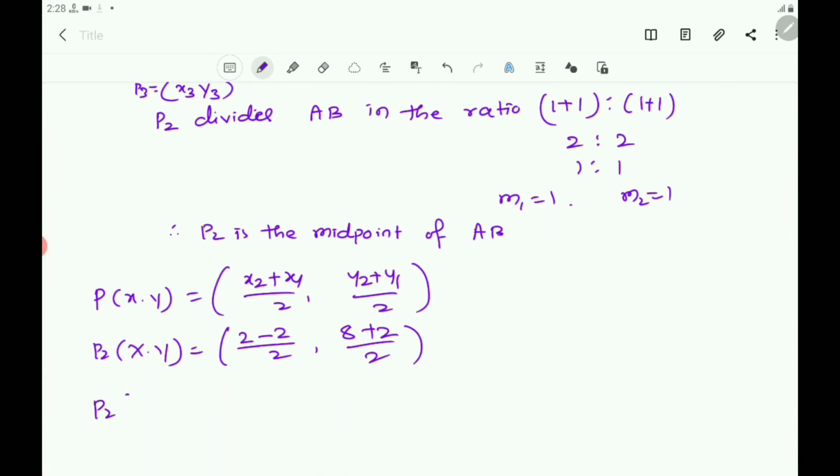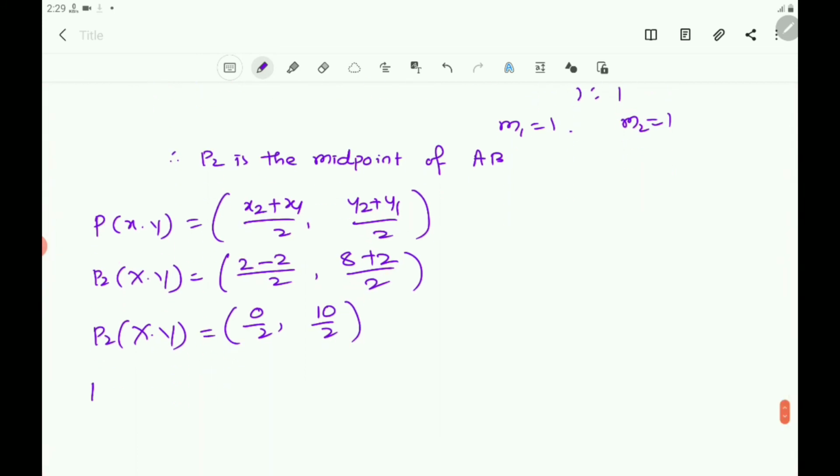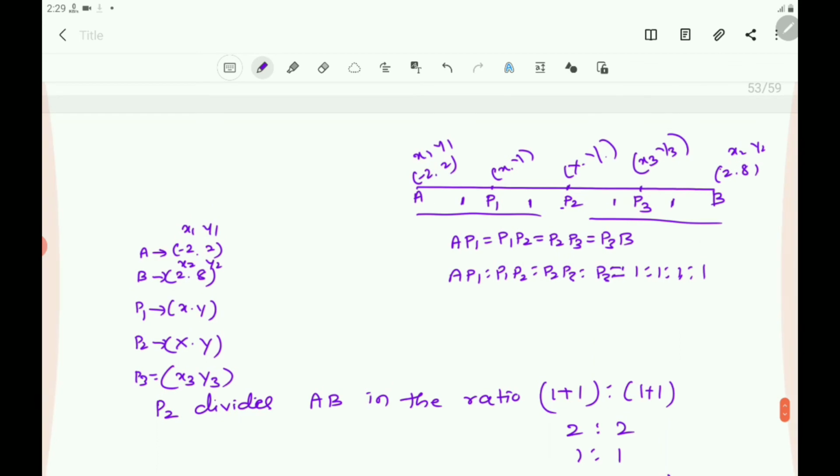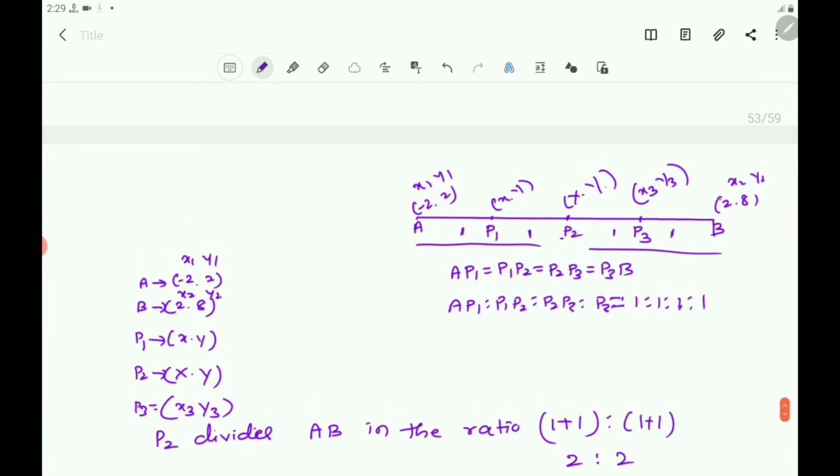So P2 of x, y equals 2 minus 2, 0 by 2, 8 plus 2, 10 by 2. So P2 equals 0, 5. You got the coordinates of the second point P2.